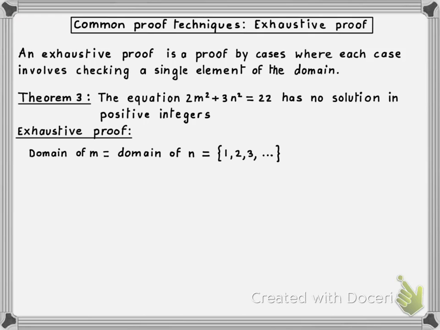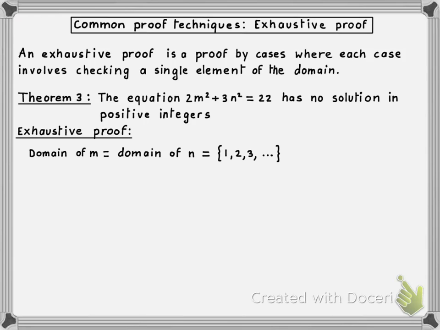We don't need to consider the negative integers, or 0. The problem is this domain is still infinite. Now remember, to apply an exhaustive proof, each case must involve only one element in the universe. So clearly we can't have an infinite number of cases, so we need to cut down the domain for m and n significantly from what we currently have.